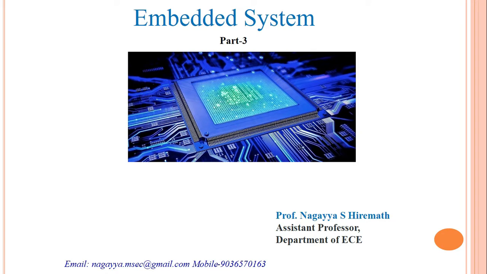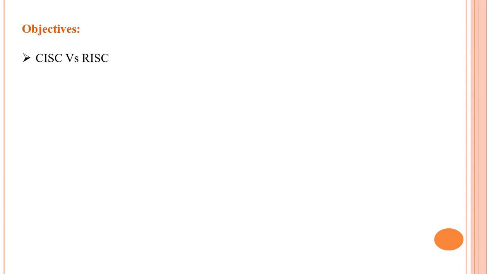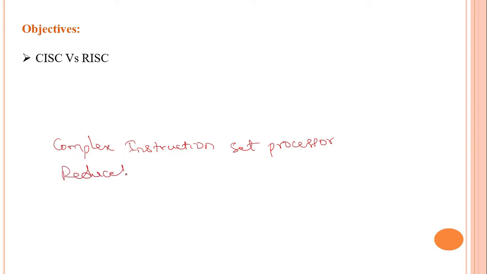In this video, I am going to explain what is a CISC processor, complex instruction set processor or computer, then RISC, reduced instruction set computer.